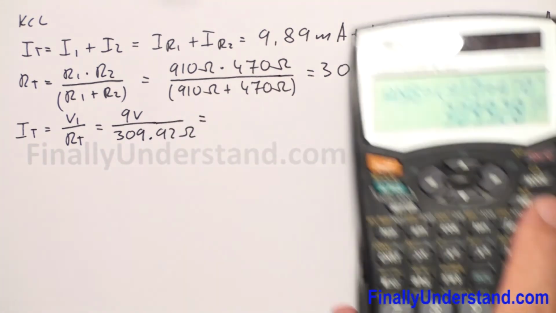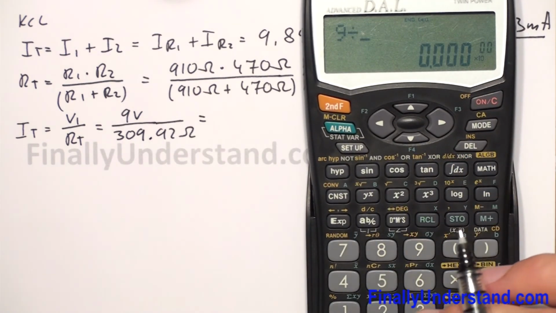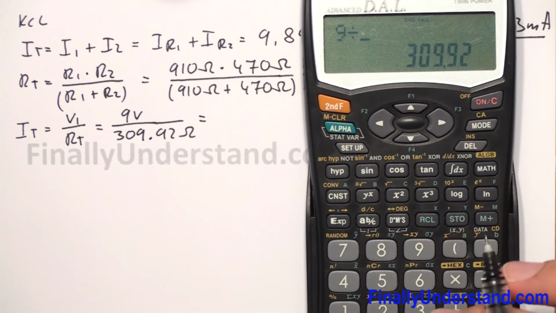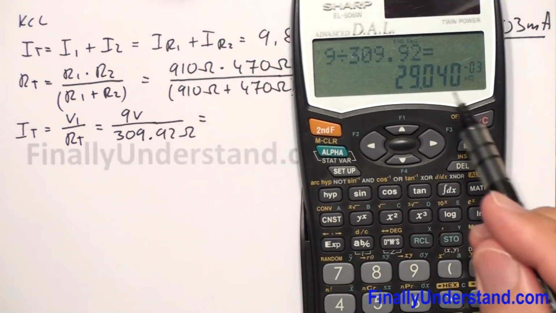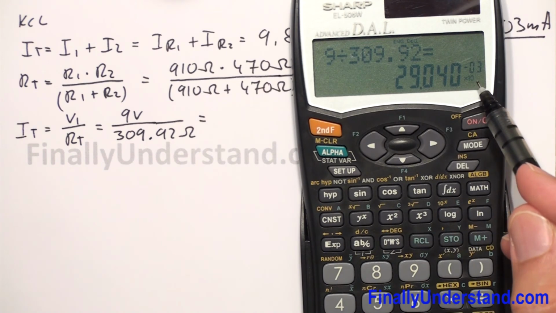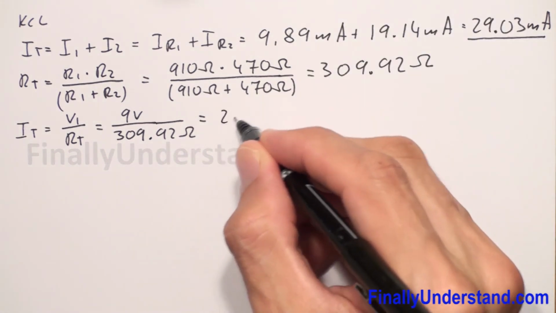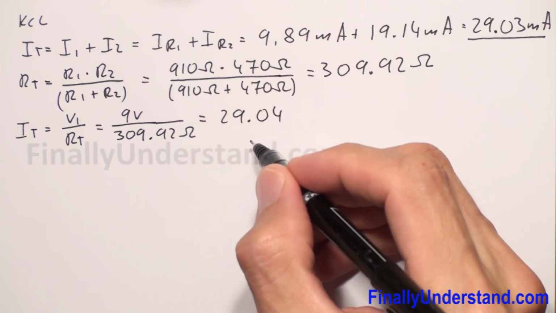So we have 9 divided by 309.92. This is equal to 29.04 times 10 to the negative 3.